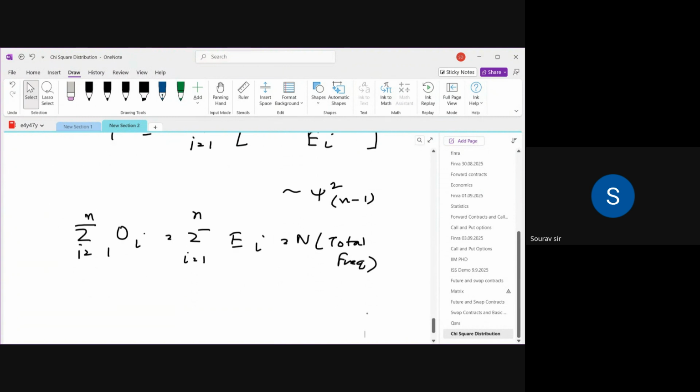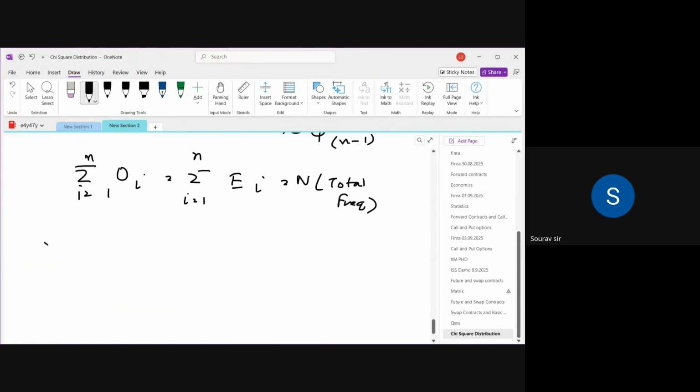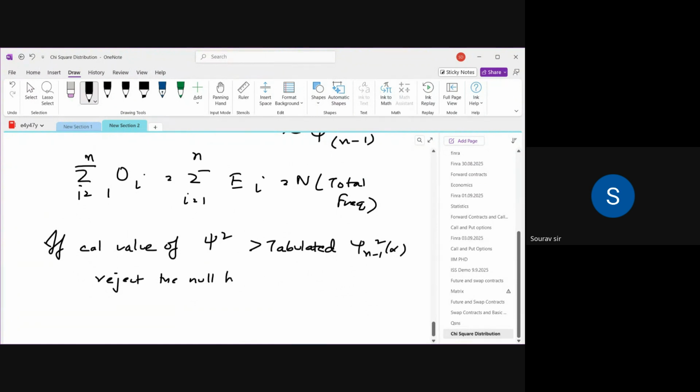If the calculated value of chi-square is greater than the tabulated value for n minus 1 degrees of freedom, then we reject the null hypothesis at alpha level of significance. Otherwise, it may be accepted, since we cannot reject it.